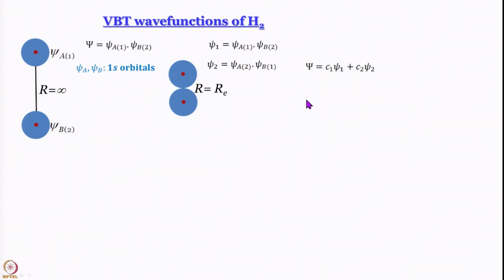Can you think what I expect the ratio of the magnitude of C1 and the magnitude of C2 to be? Please think about it, we are going to come to that eventually, right. So, this is my wave function to start with. This wave function was proposed by Heitler and London, and so this is called the Heitler-London wave function.